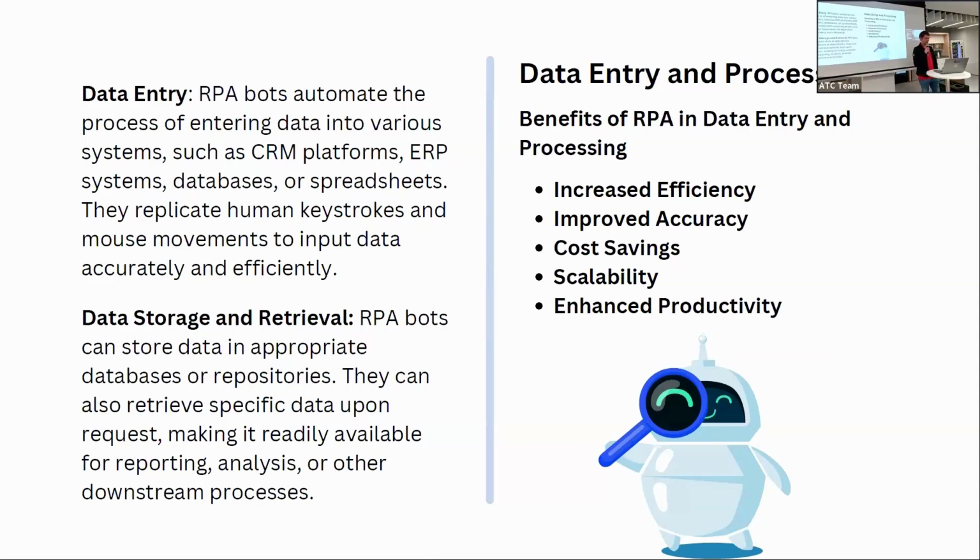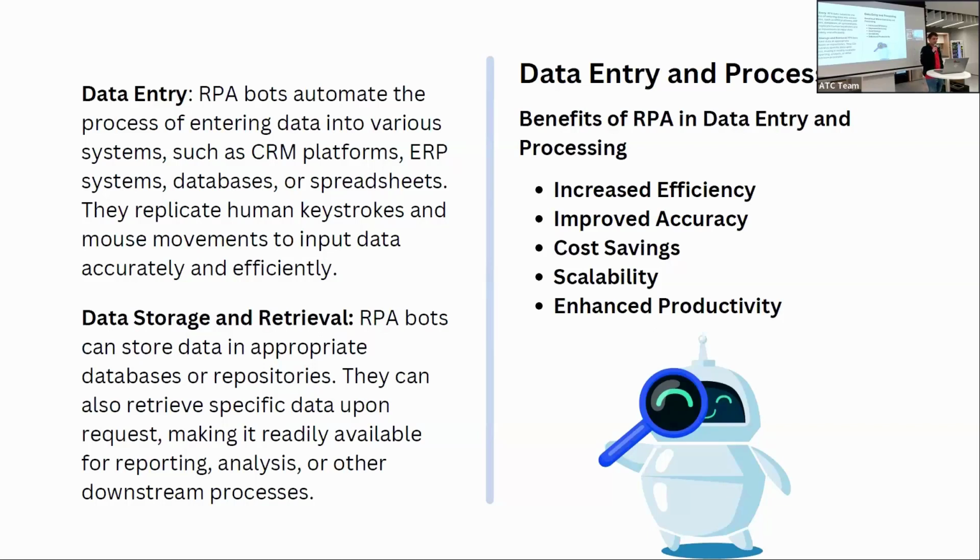The benefits of using this for data entry and processing. Us as humans tend to make mistakes. Don't get me wrong, RPA robots are not perfect either. Systems change and issues can occur, but to keep your process more secure in terms of actually collecting the data correctly and placing it correctly, it's more efficient and more accurate.